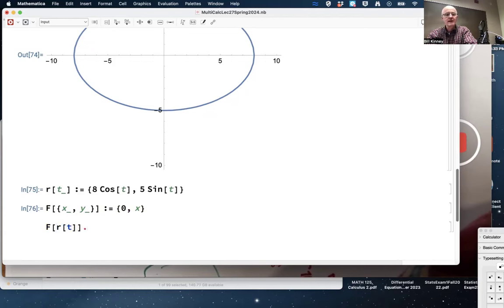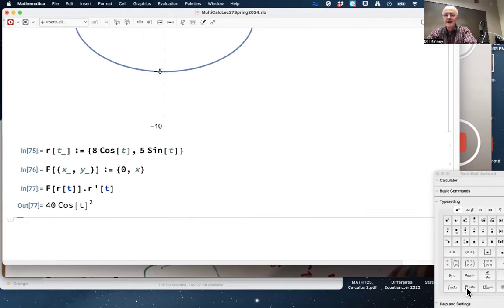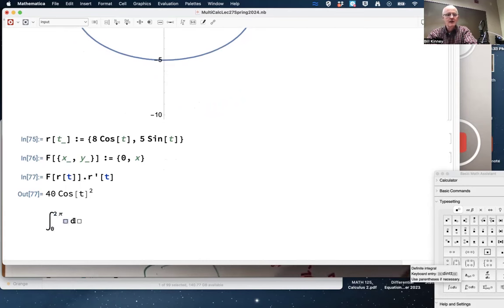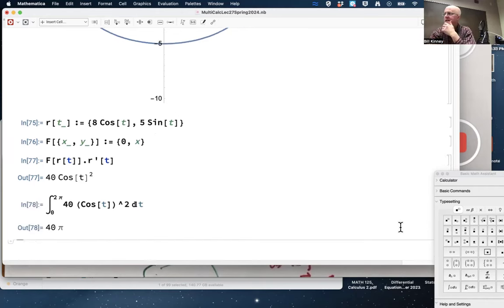What function would you integrate? It would be this function. And if you integrate that function from 0 to 2 pi, you're doing it by hand. There's a trigonometric identity that you can use. You can also do it by parts. You get 40 pi, which is the area of the ellipse.